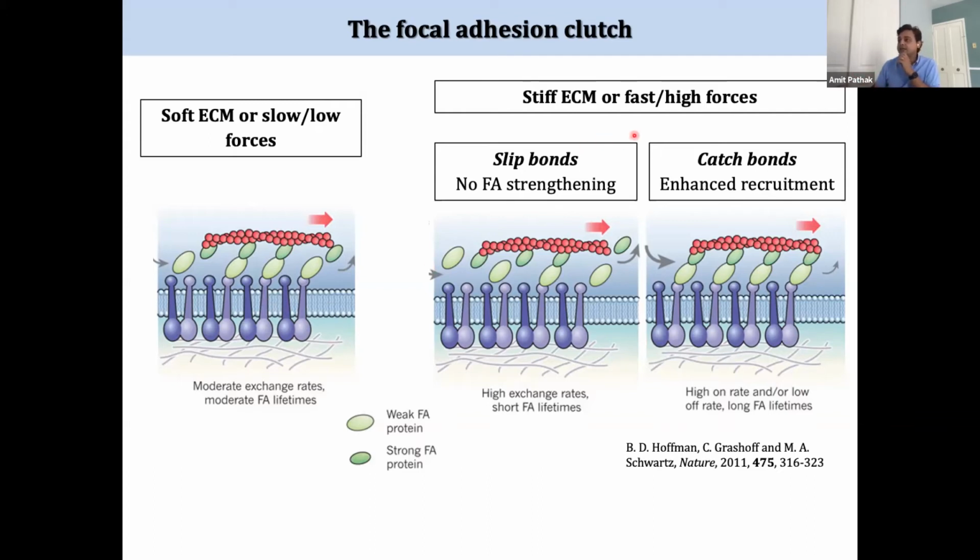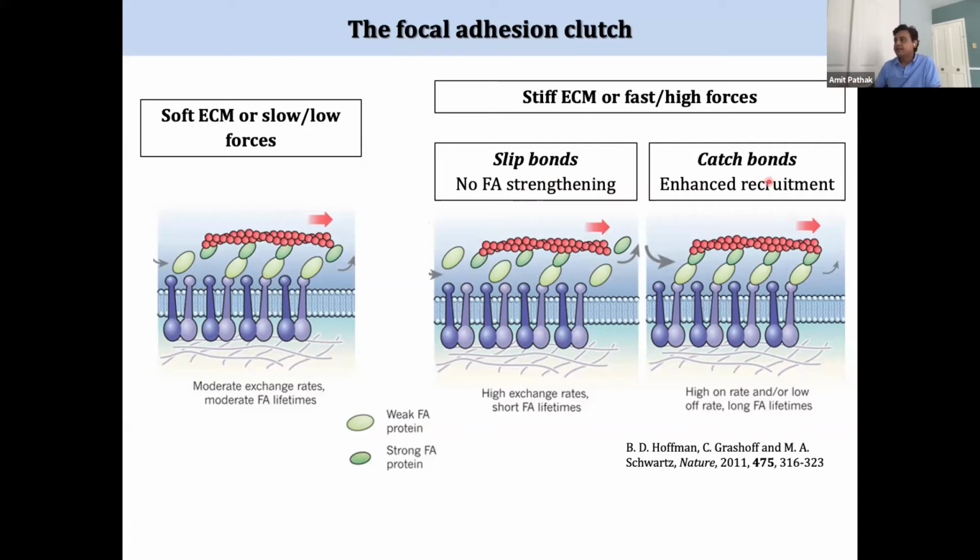On the right-hand side, it's a stiff ECM, or high levels of forces are there. Here both types of bonds can operate. Slip bonds, what will happen is there won't be any strengthening like before, and the exchange rates are going to be still high. And that will lead to smaller, again, lifetime of focal adhesions.